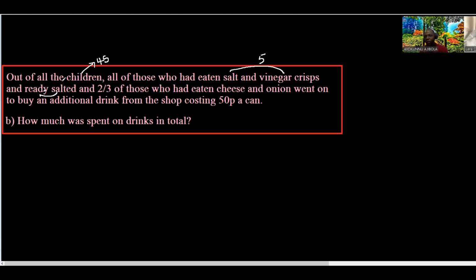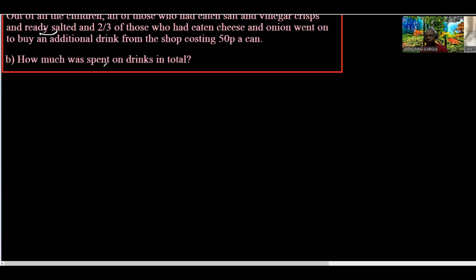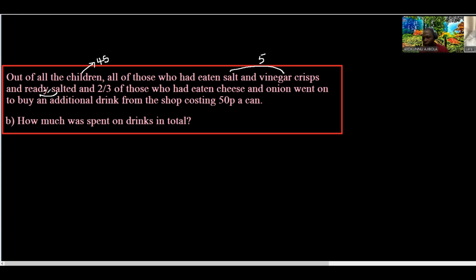Those who have eaten ready salted, how many? That's 12. So that's another 12 here. Hold on, I want to clean something. So this place, we have 12. So we have conditions now.